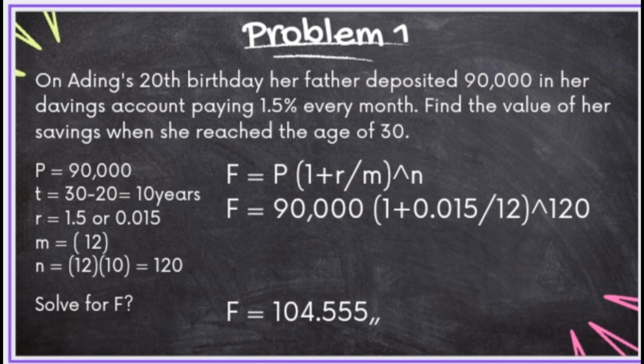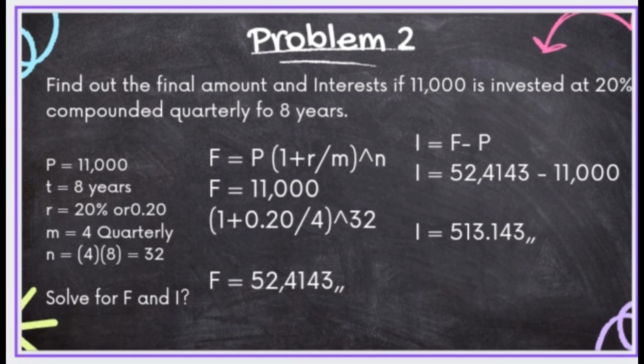So if you solve it, F is equal to 104.555. So that is the final answer. And let's proceed to problem number 2.